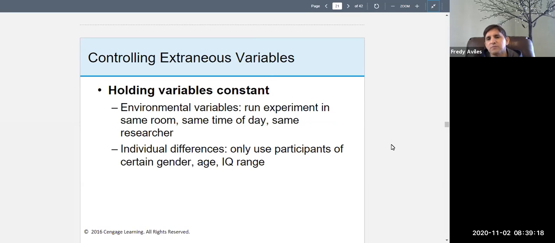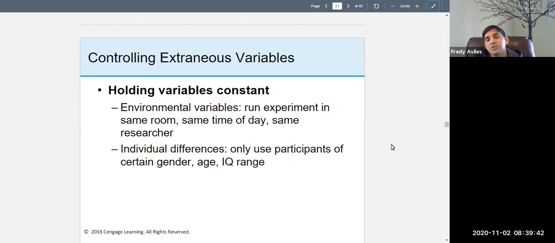So let's say you have males and females, and you're concerned that maybe females have better memory than males. They are better at language on average, what the research shows, and you're talking about sentences that they have to memorize. So maybe only run your experiment with females, or maybe only with males. That way gender doesn't vary.